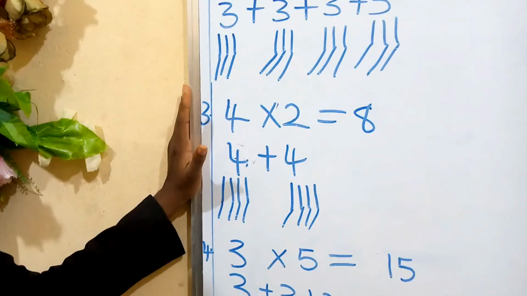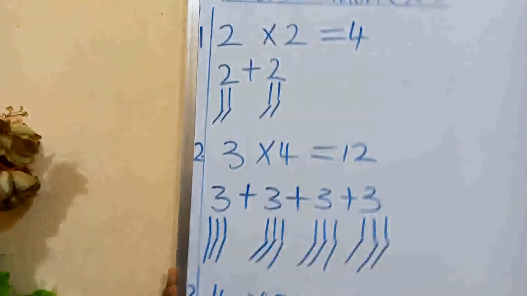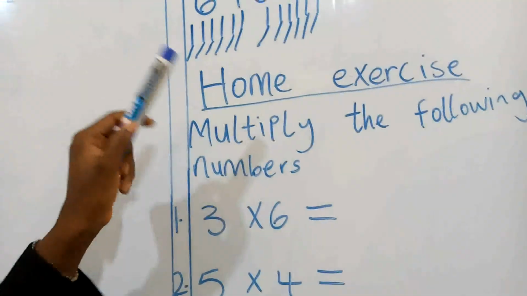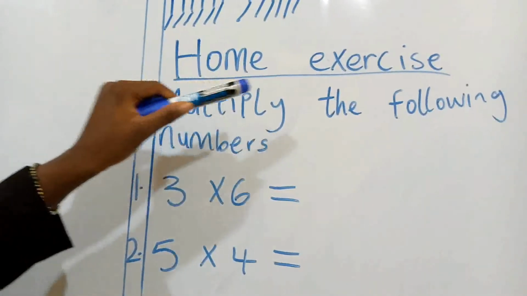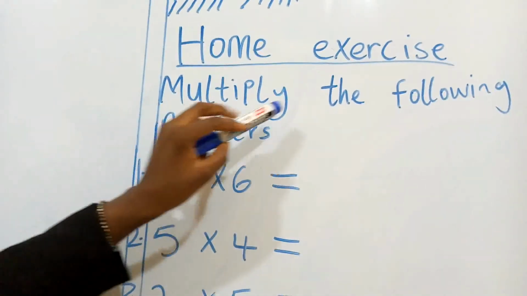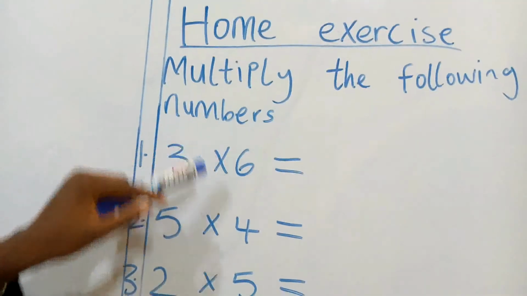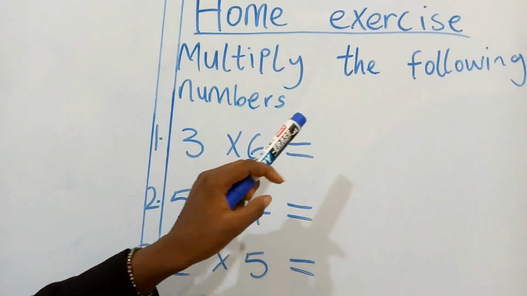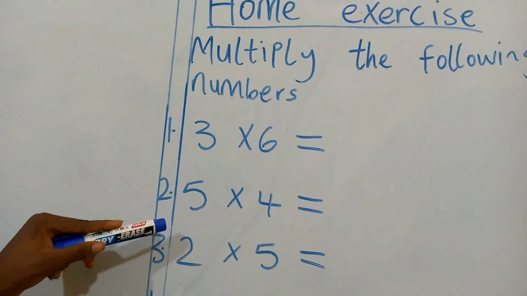Okay. So now let me give you something to do for me. The question says home exercise. The first one, the instruction is multiply the following numbers. Number 1 is 3 times 6 to give us what? Remember the method I just taught you.